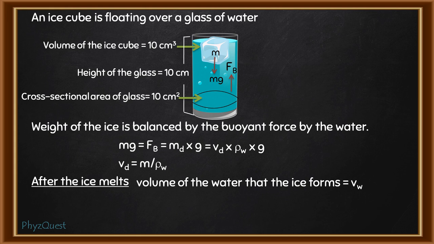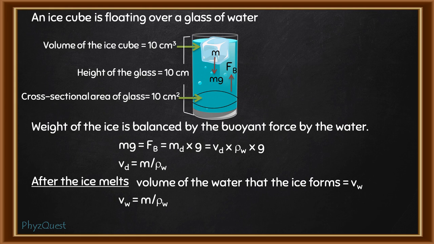Now Vw is equal to the mass of the ice divided by the density of water, because that is natural: ice melts and water forms. Since water is formed by the ice, we use the density of the water.